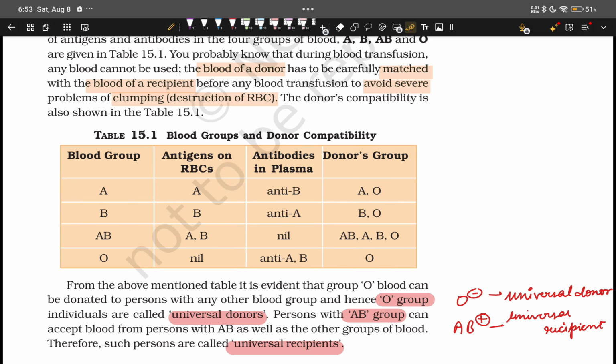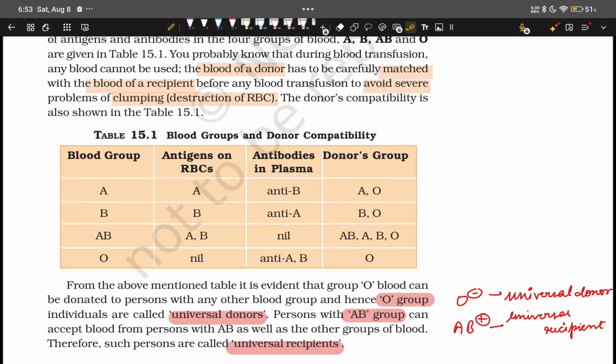So for A blood group, we need donors who have A antigen only, or who have no antigen, because we all know that the antigen of the blood donor should match with the antigen of the recipient. Antigen is more important because antigens are present on the surface of RBCs. As for why antibodies should not be matched, there are certain doubts that come to mind.